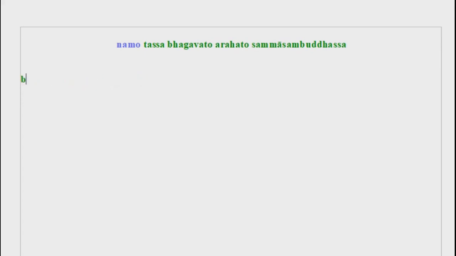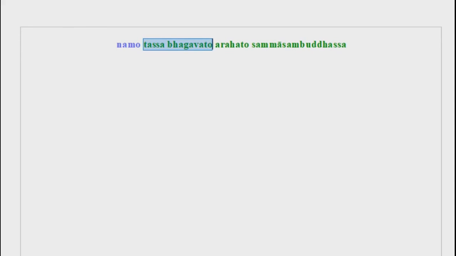Taken with the demonstrative pronoun, would literally be that blessed one. But Pali does not have a definite article like English does. It's very common to see this translated simply as the blessed one. If you feel that the demonstrative really needs to be translated as that blessed one, I say go for it.